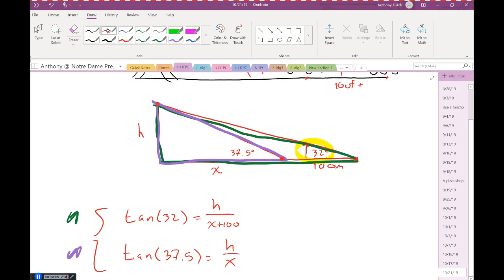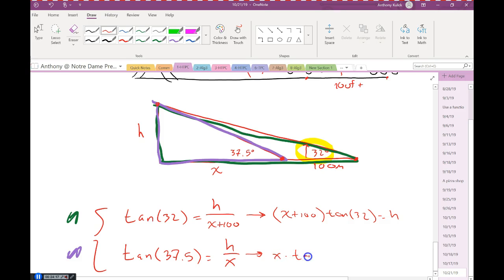All right. The first thing I would do is rewrite these equations so that they don't contain any fractions. If I clear the fraction on this, I would get these two equations.